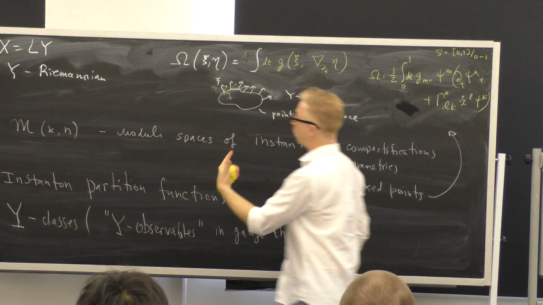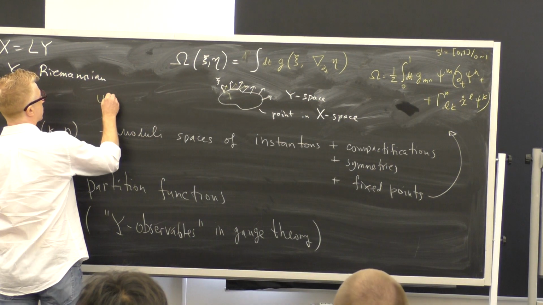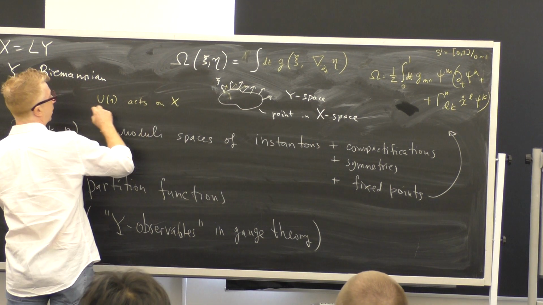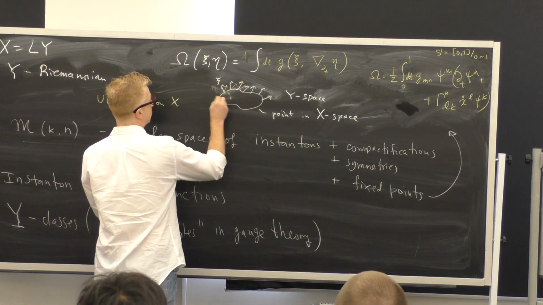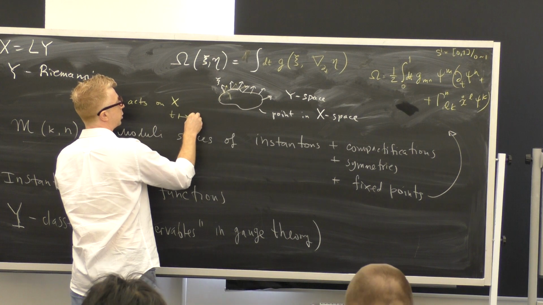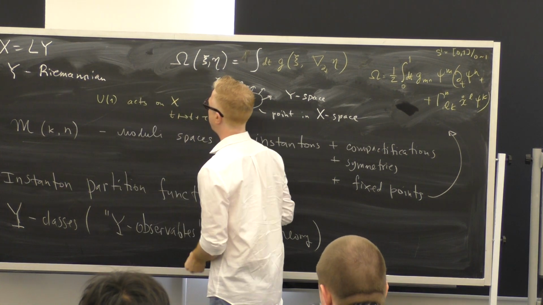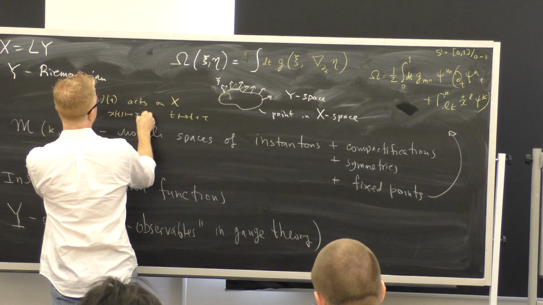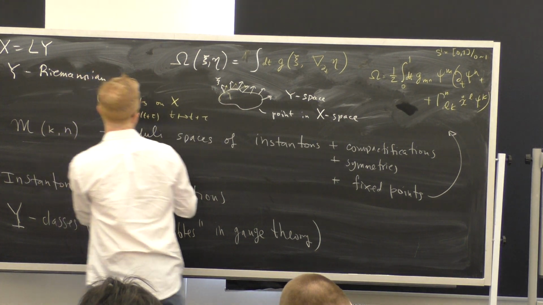And now there is a group action. Well, the obvious group action: the group U(1) acts on X by rotating the loops. So it just shifts the parameterization of my loop. x(t) goes to x(t + tau).